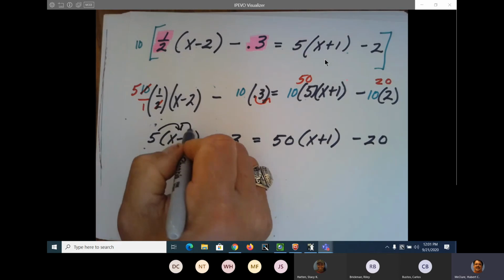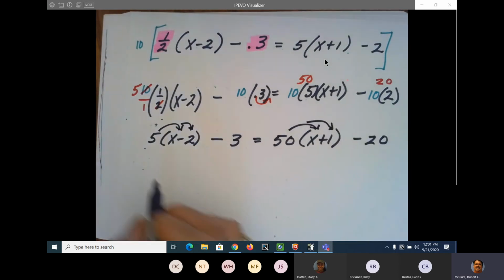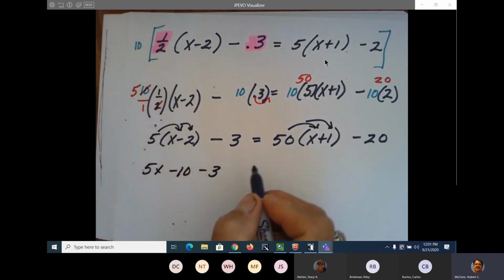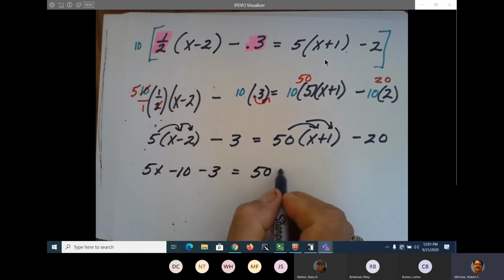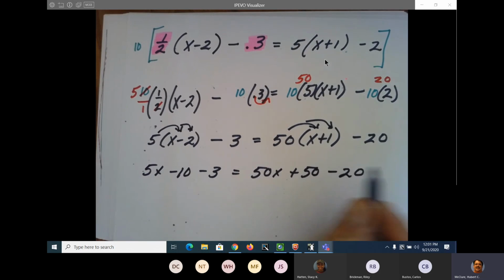Distribute. 5x minus 10 minus 3 is equal to 50x plus 50 minus 20.